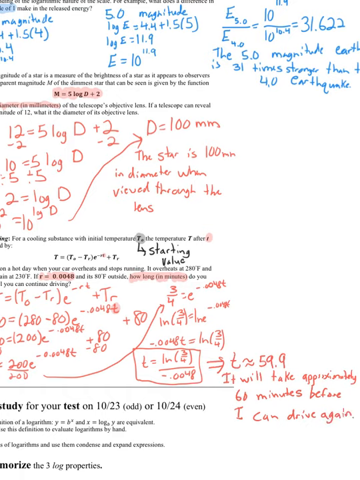The big thing with these application problems is don't get caught up. If I give you a formula and tell you to plug in some numbers, really hunker down and think, where do these numbers need to go? That makes sense for the problem. And when it's asking for an answer in minutes, make sure the answer makes sense. If I got 3 million for t, saying it's going to take 3 million minutes for the car to cool down, I might be waiting a long time.